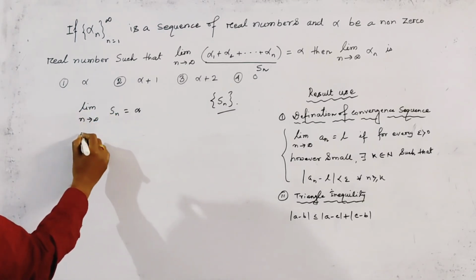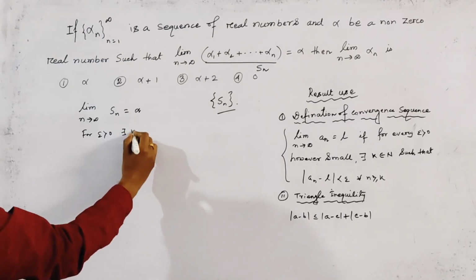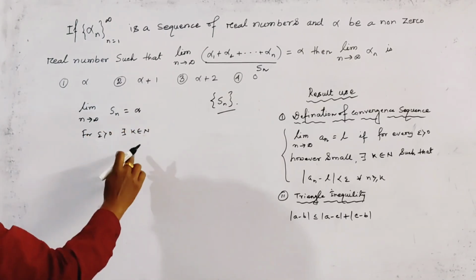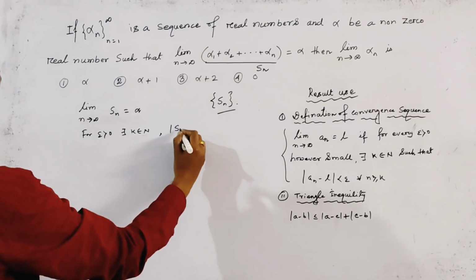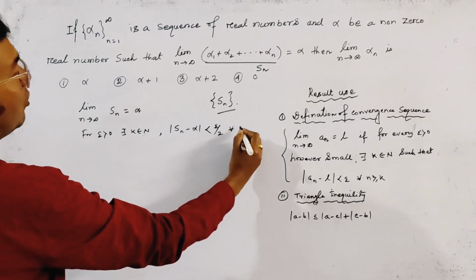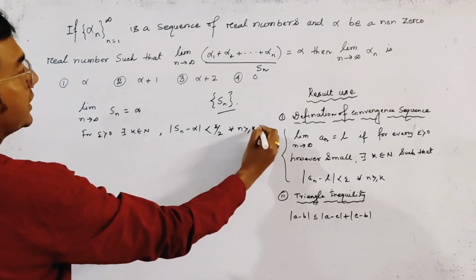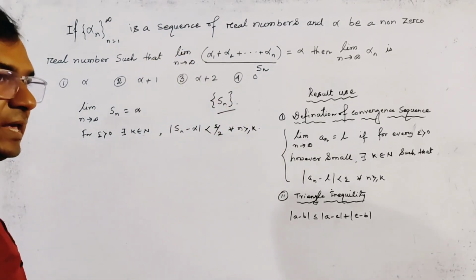In this case, for epsilon greater than 0, there exists k belonging to the natural numbers. Using this definition, we write that mod of S_n minus α is less than epsilon by 2 for all n greater than or equal to k. This is the definition of a convergent sequence.